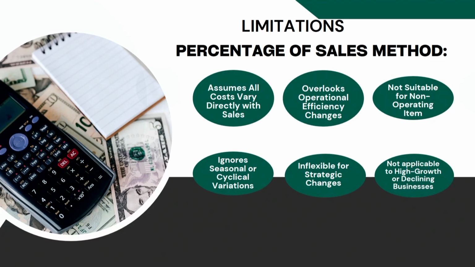Then the last limitation is it is not applicable to high growth or declining businesses. Obviously, this is one of the fundamental deficiencies of percentage of sales method. When you are going to make use of percentage of sales method for income statement projection, you have to see whether the business, or the industry within which the business falls, is going to behave in a very stable manner.